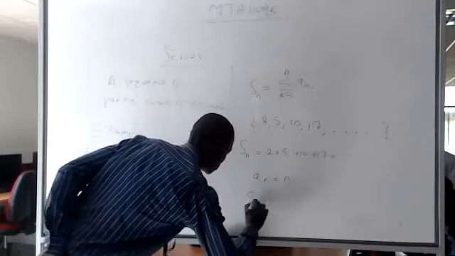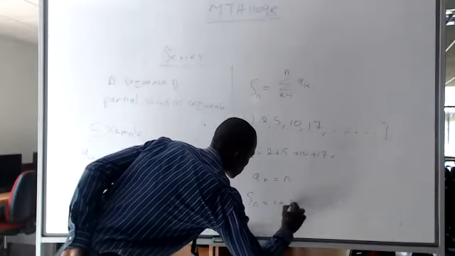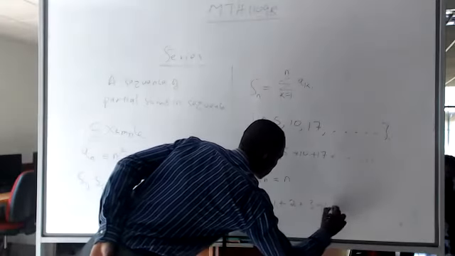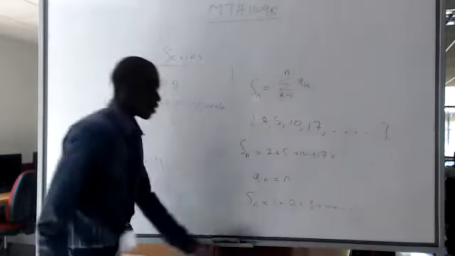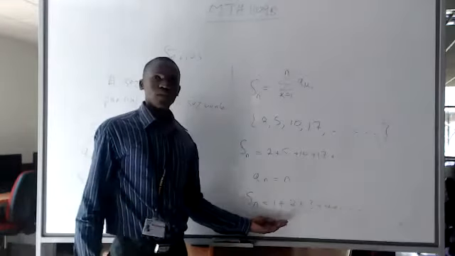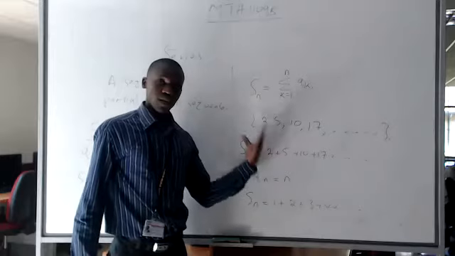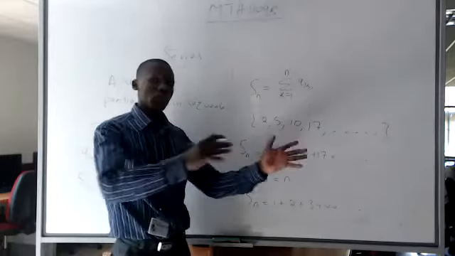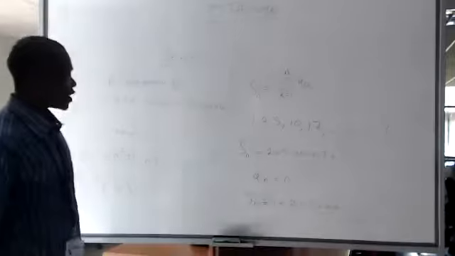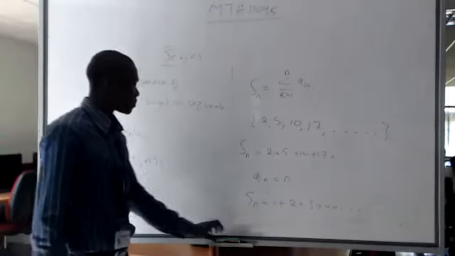So when you try to compute 1 plus 2 plus 3 plus 4 all the way to infinity, you don't expect to find a finite number. It will be infinity. But there are some sequences whose sequence of partial sums will converge to some finite number.